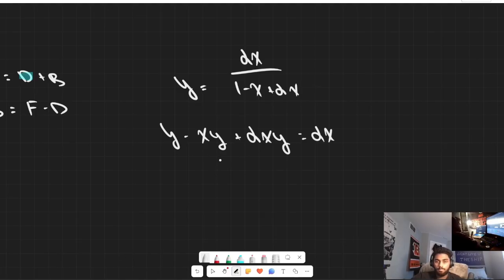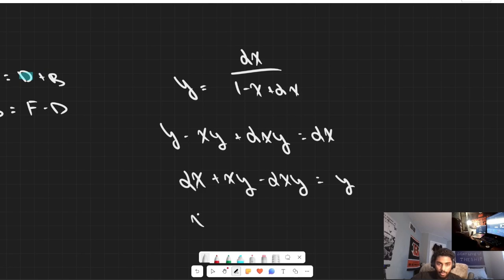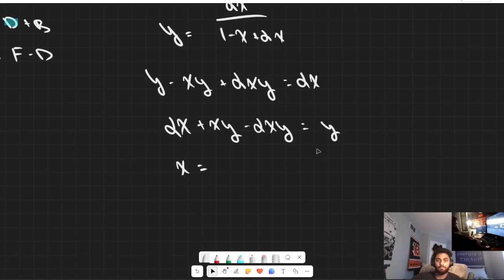How's that? So alpha x plus xy minus alpha xy equals y. Factor out my x: x times (alpha plus y minus alpha y). Here we go.